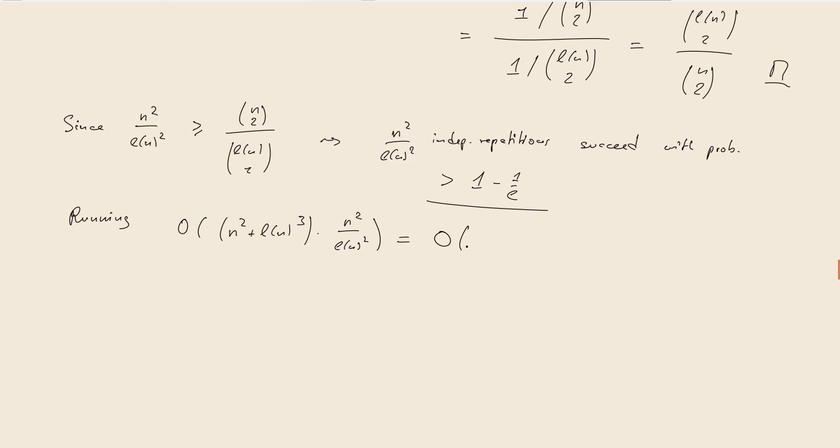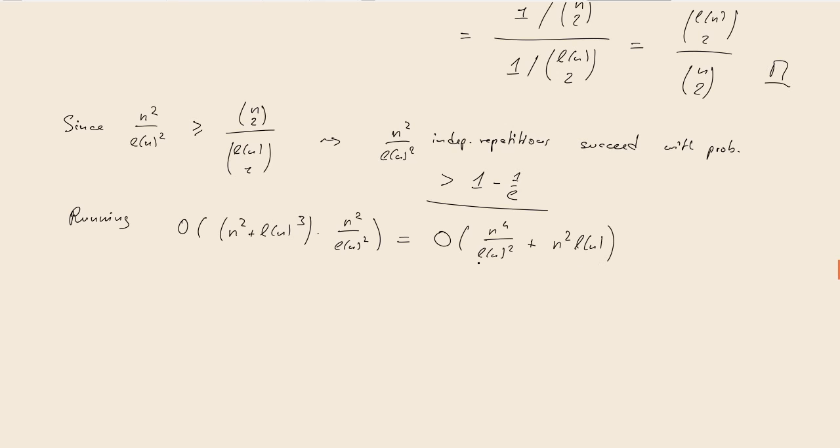And you can rewrite that as n to the 4 over L of n squared plus, for the other term, n squared times L of n.